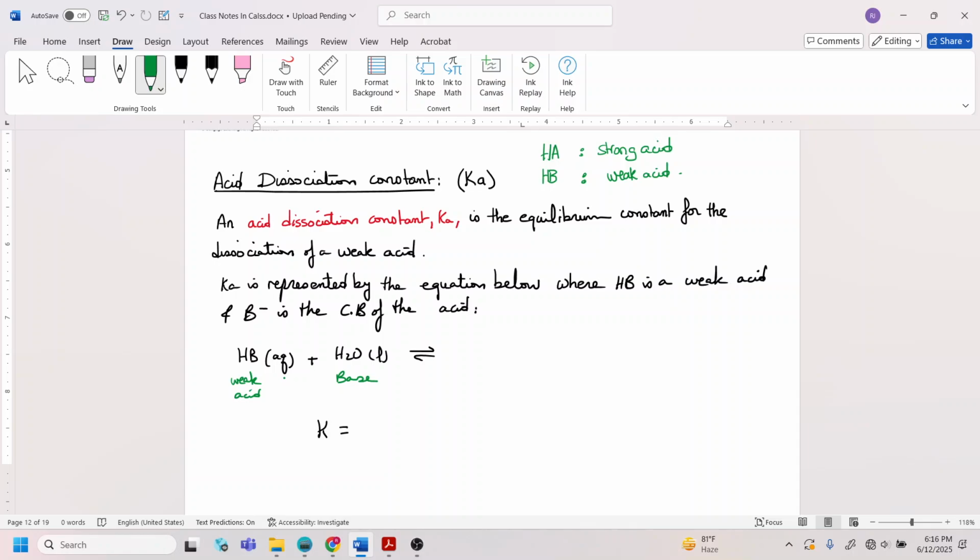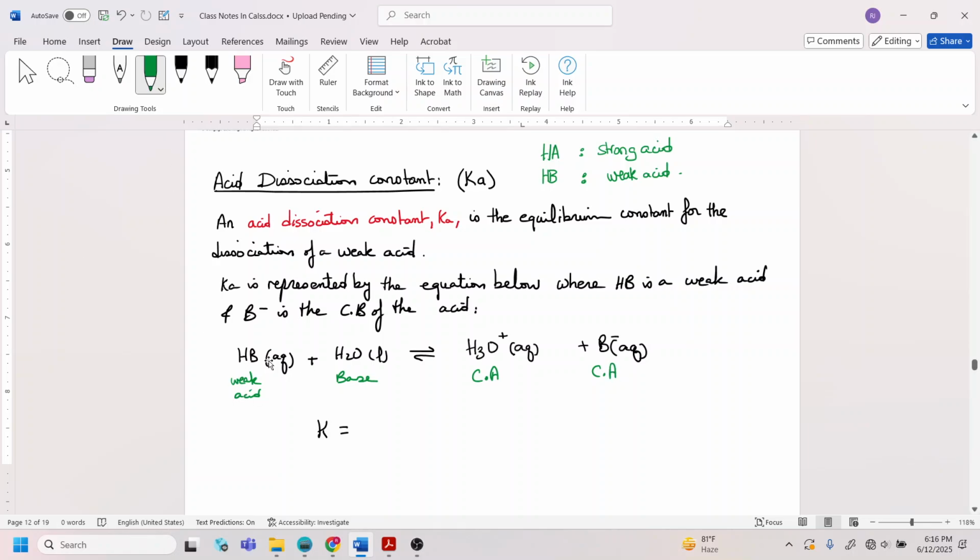We're still going to form our hydronium ion, or H+, or H3O+. All of these are the same. So the acid is going to turn into hydronium ion and B minus, and this is going to be aqueous. So you're going to end up getting your conjugate acid and your conjugate base.